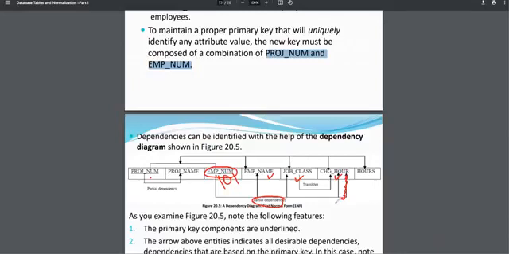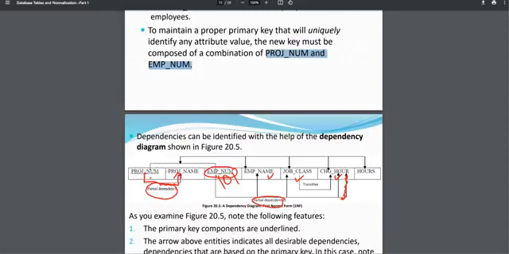Next one. We can use this field to identify the project name. It is enough, project number. By looking at the project number, you can understand the project name. That is why it is considered as partially dependent. Why? This concept is very important, right?